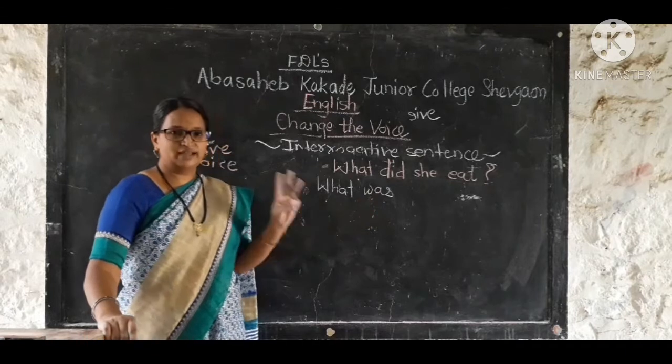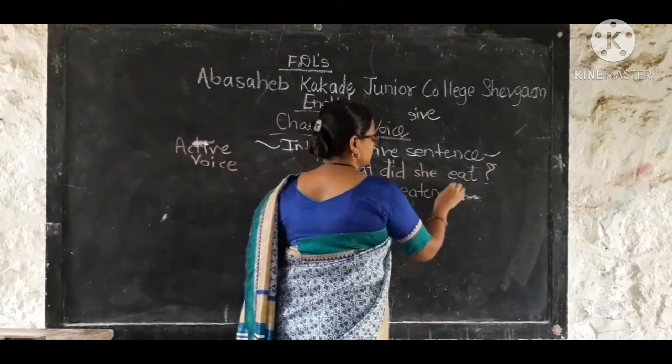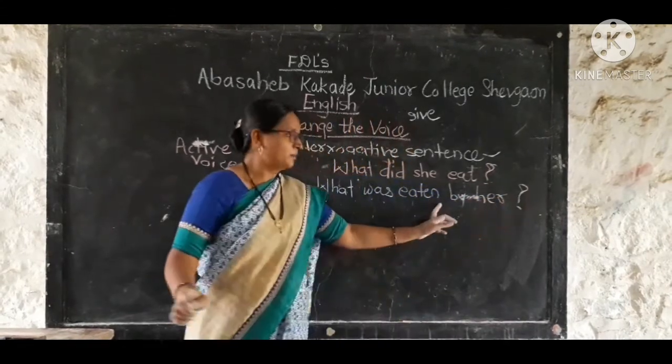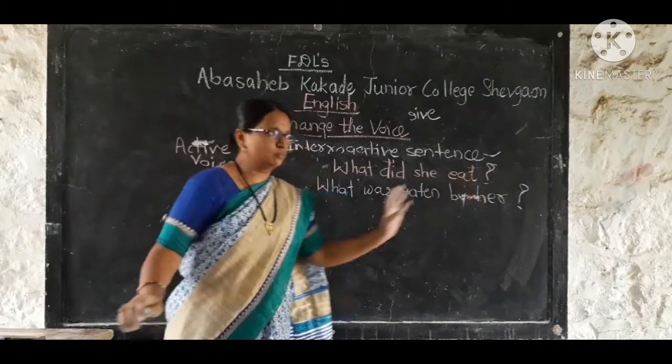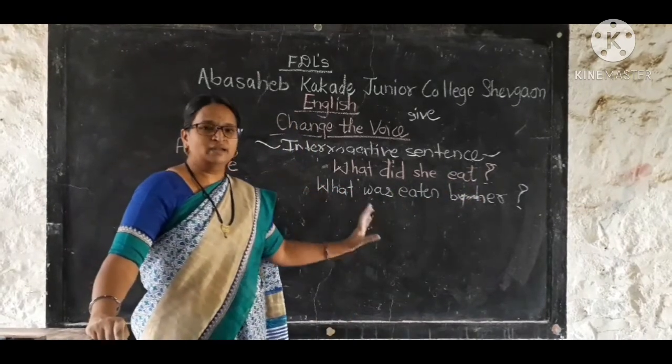What was, then the third form of the verb, eaten. By her, then question mark. Our sentence will be like this: What was eaten by her?